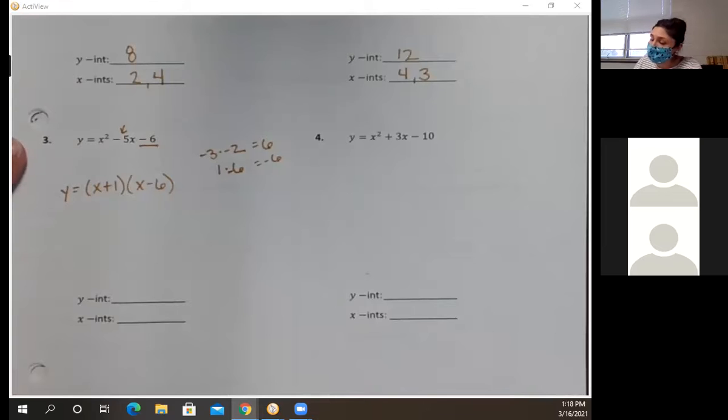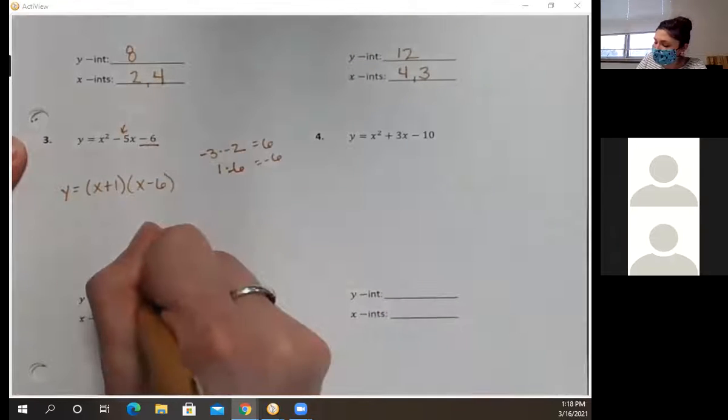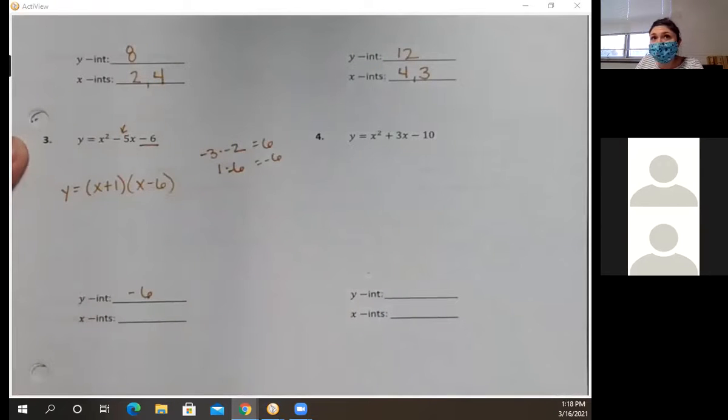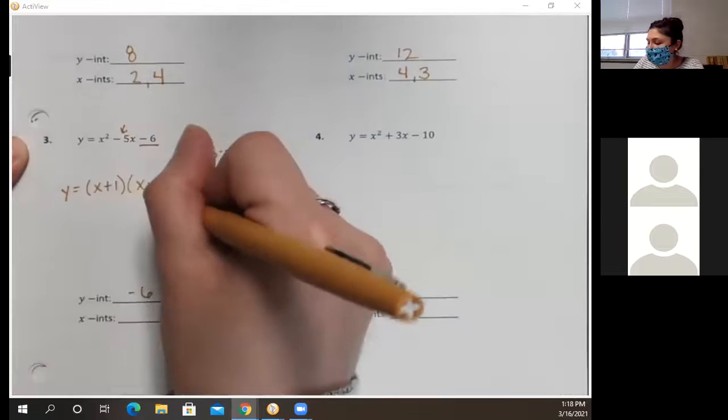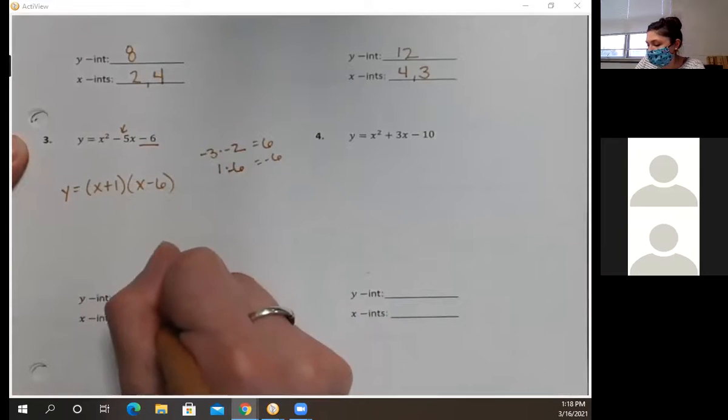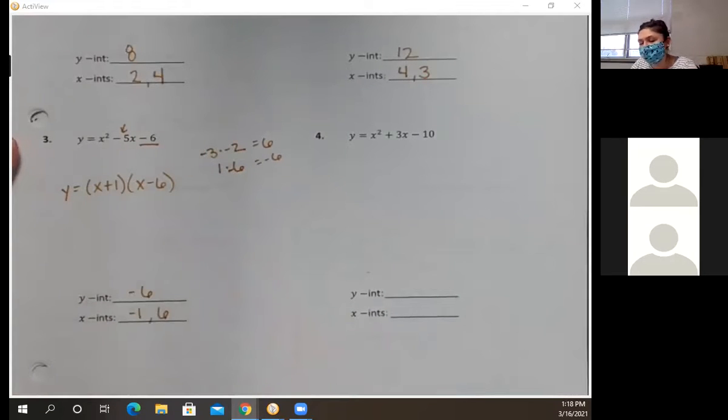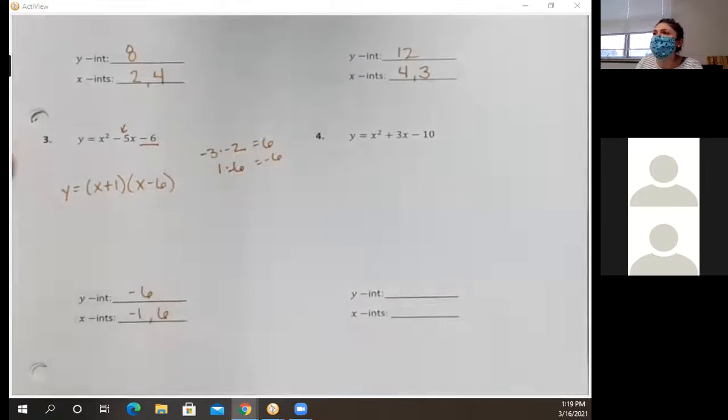Our y-intercept from standard form is negative 6. And our x-intercept from factored form would be negative 1 and positive 6. Questions on number 3? I'm glad you said this, because that gives us a chance to talk about it.